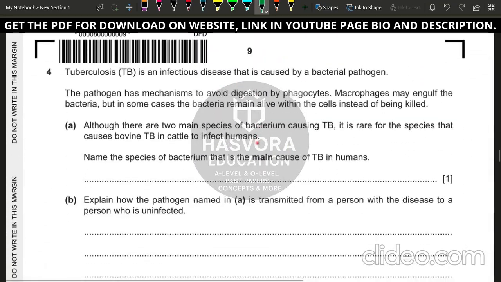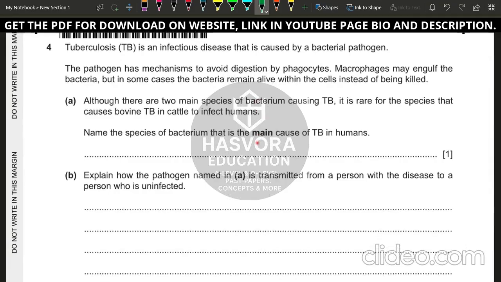Let's move on to question number 4. Question number 4 says tuberculosis is an infectious disease that is caused by a bacterial pathogen. The pathogen has a mechanism to avoid digestion by phagocytes. Macrophages may engulf the bacteria, but in some cases the bacteria remain alive within the cell instead of being killed. Although there are 2 main species of the bacterium causing TB, it is rare for the species that causes bovine TB, Mycobacterium bovis, in cattle to infect humans.